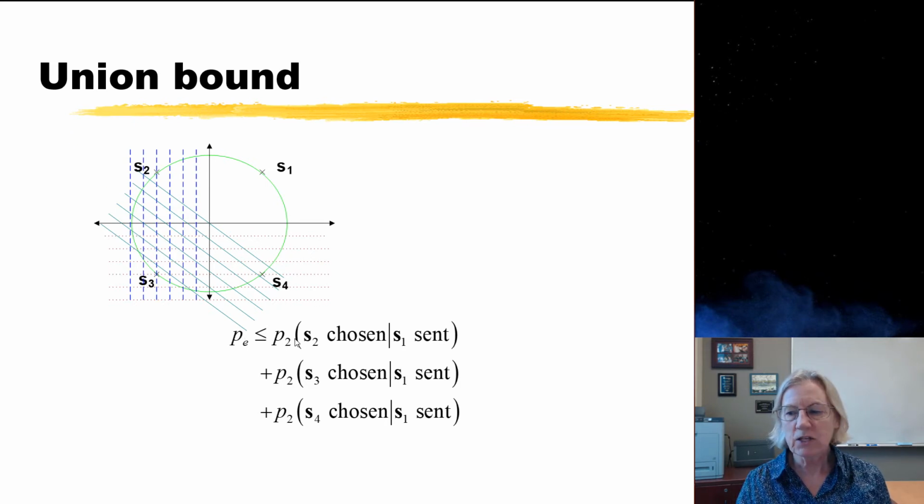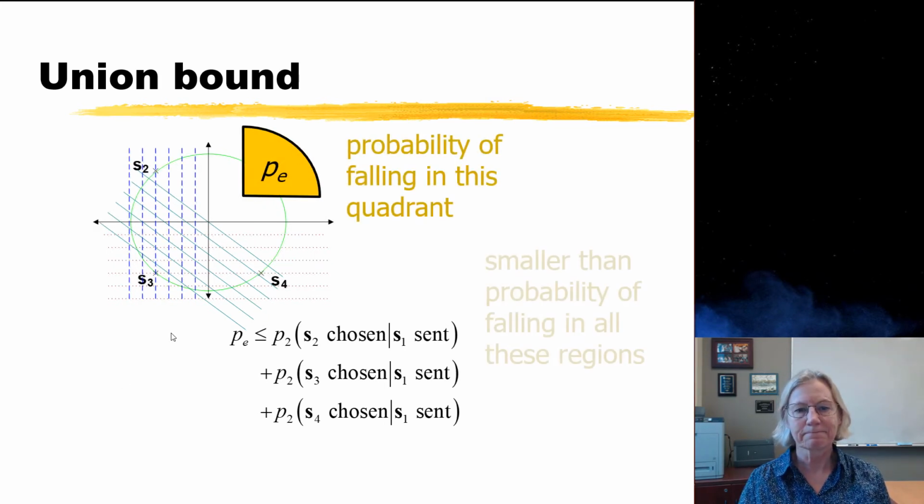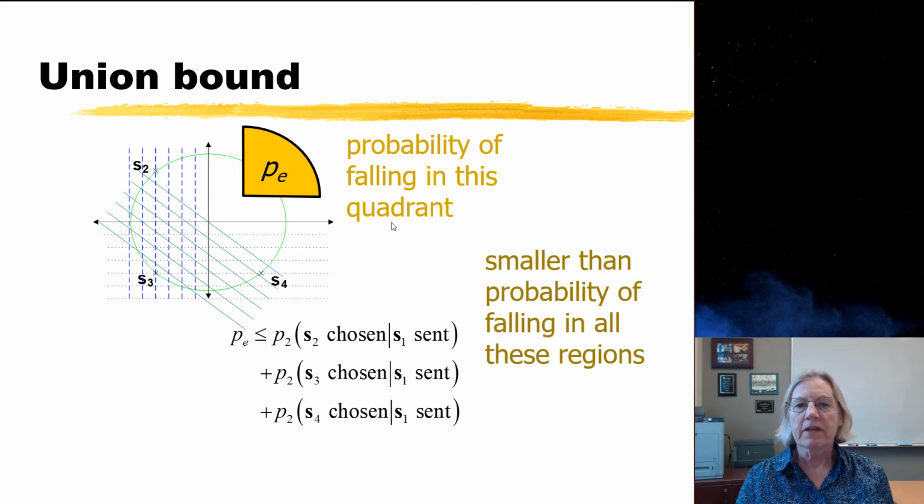So if I look at the sum of these three probabilities, they represent the sum of calculating the probability over all these different regions. Clearly, it's a bound. It's going to be bigger than this. So the probability of falling in this quadrant is smaller than the probability of falling into all these different regions.